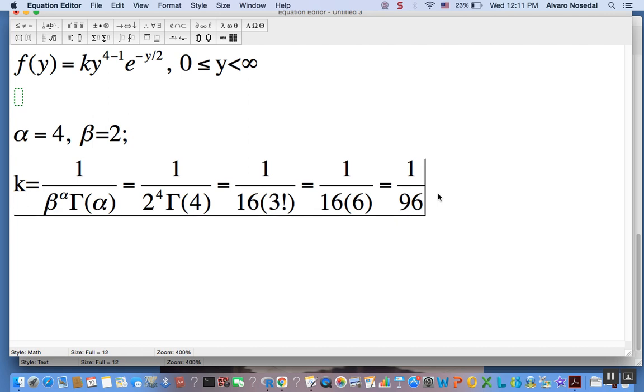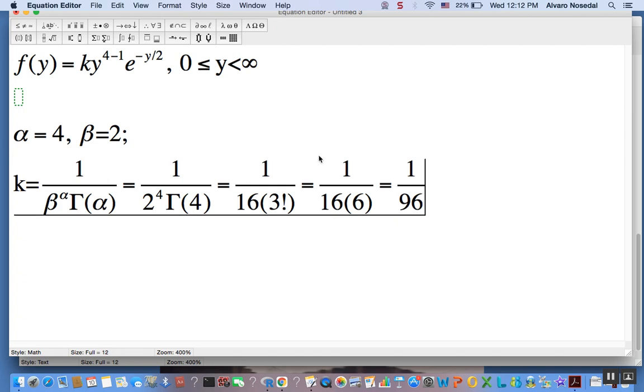So we have found that constant k that would make that expression a legit probability density function. And again, I wanted you to see that chi-square distributions are just particular cases of gammas.